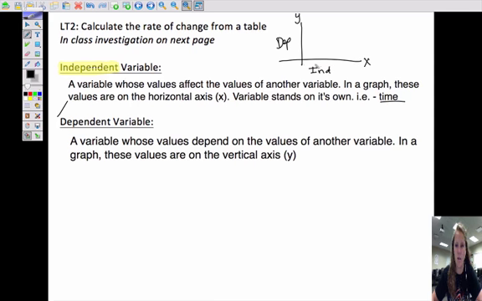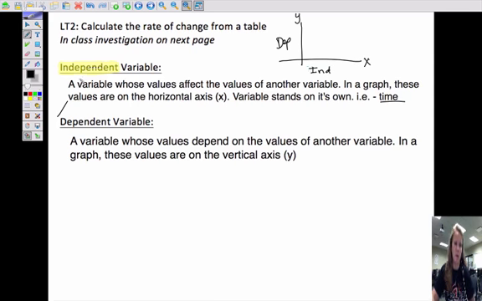Oftentimes time goes here, or number of something sold, something that affects the dependent variable. So the money you make over time, or the money you make by selling something, or the distance traveled over time. That's one we often use. But we'll look at some examples here.